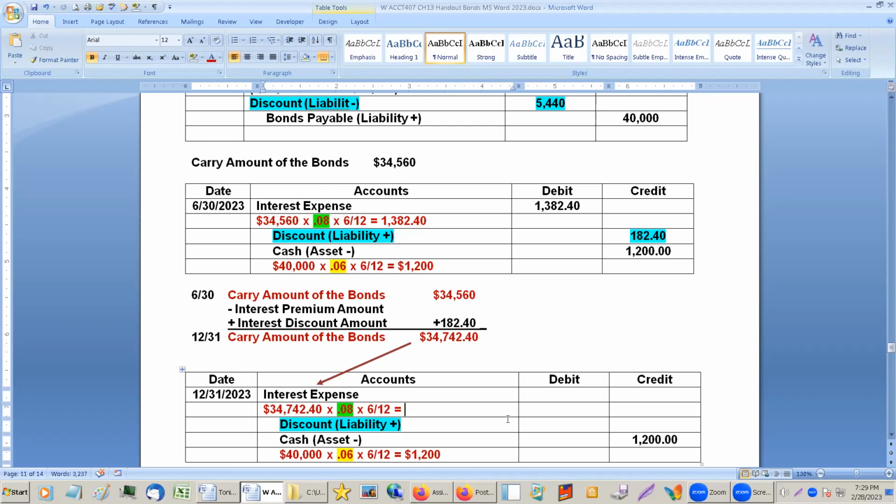Oh boy. All right. I'm gonna round it off to the nearest penny. So this will be... liability will increase by the difference between those two, which is 189.